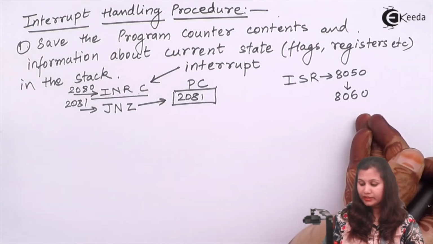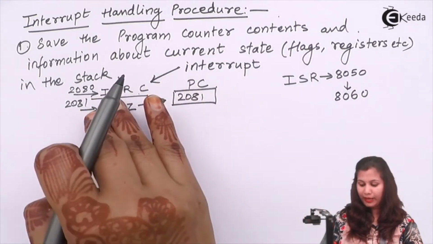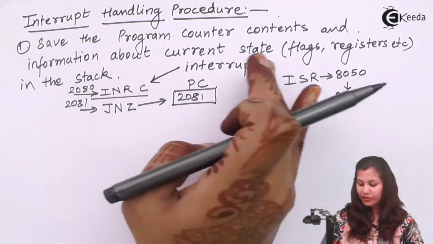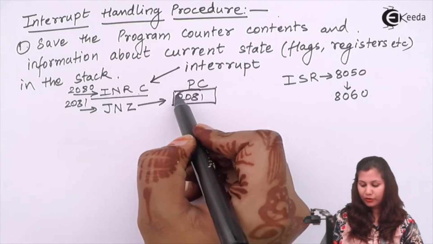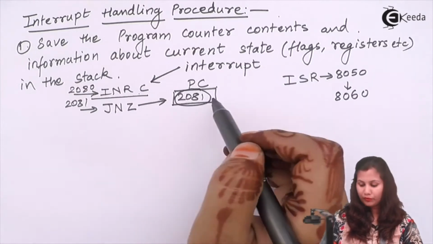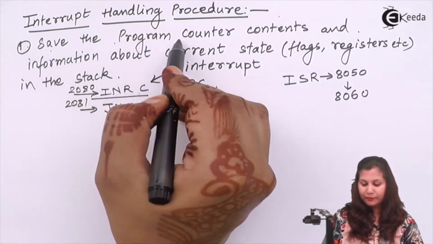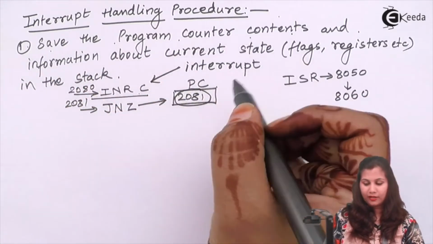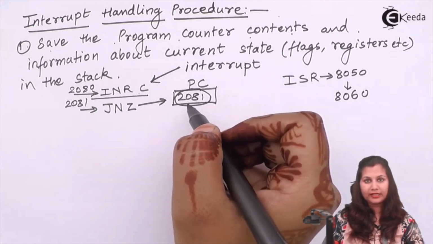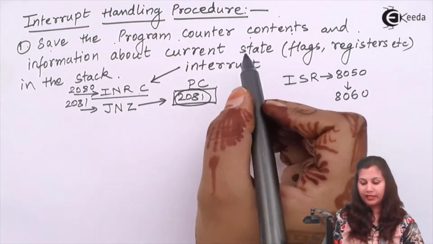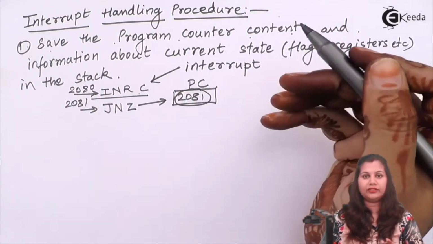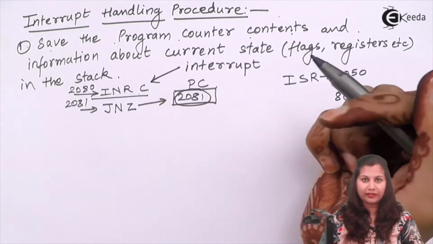And how is it going to know the next instruction it has to execute in the program where it was interrupted? It is stored in the program counter. So we save the program counter contents, the address of the next instruction, and information about the current state, the condition of the flag register.